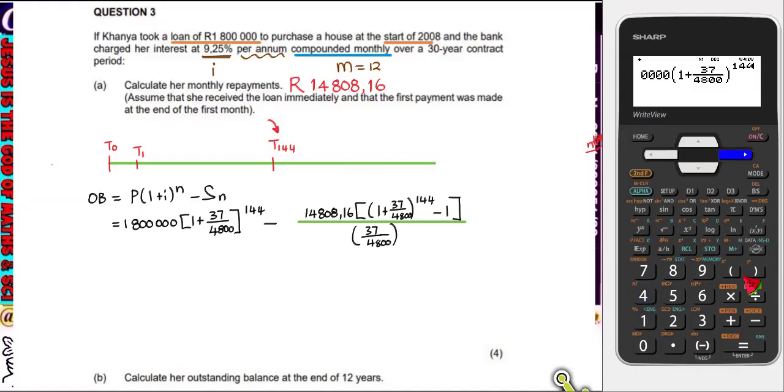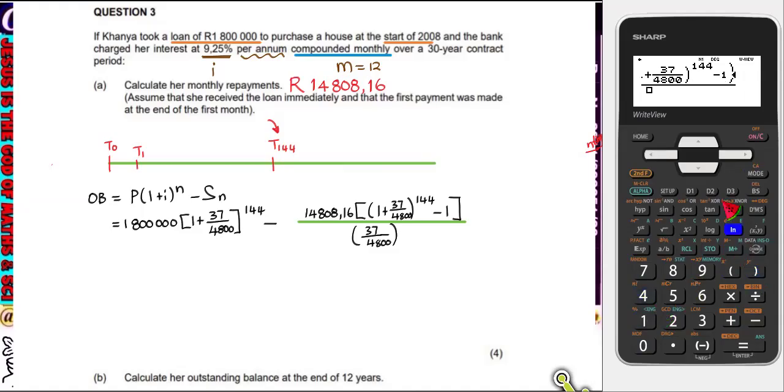Then minus, do the division: 148,808.16, open the bracket, 1 plus 37 over 4,800, close, raise it to 144, minus the 1.